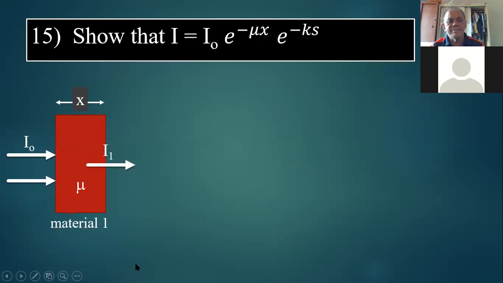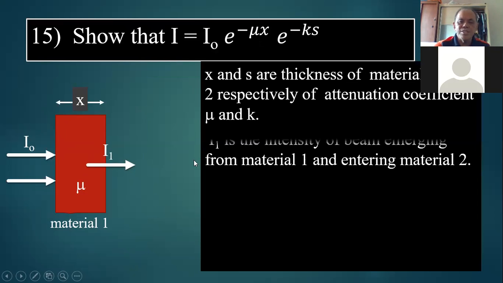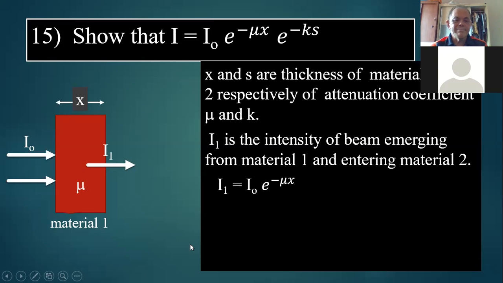Let's look at one. The first tissue has absorption coefficient mu, that's material one. That is what goes in, and that is what comes out, the transmitted intensity, and that's the thickness. So you should be able to write the equation down. Then we have another thickness, with K, material 2.